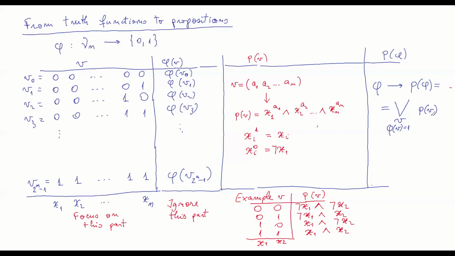In other words, for this truth function, I'm going to check where I have a 1, and where I see a 1, I'm going to have one element in this disjunction. So it's going to be some proposition formula corresponding to this one, or something corresponding to this one, or something corresponding to this one.